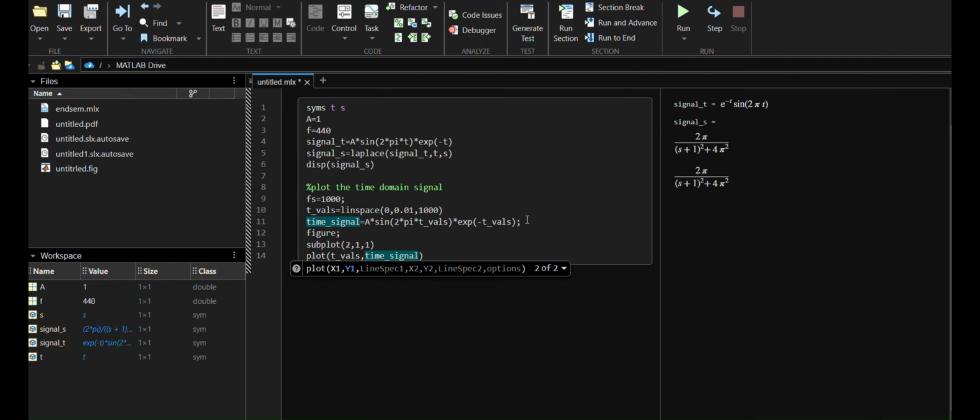Time signal. Then denoted as b dash. Blue indicates the color of the curve.